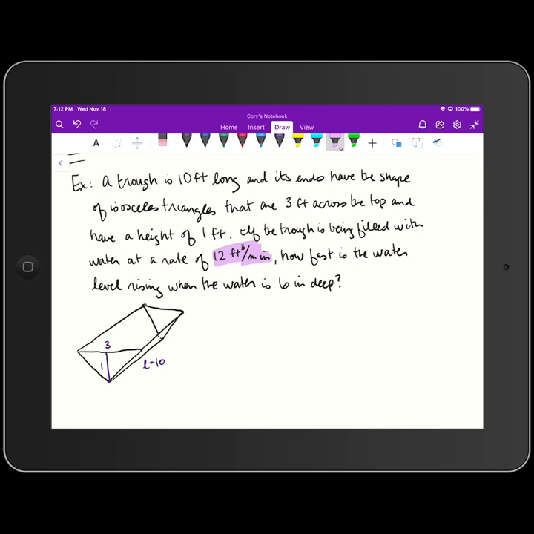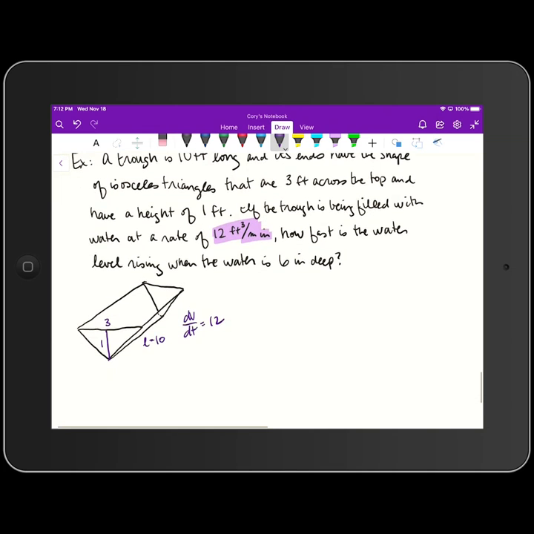So that tells us dV/dt is equal to 12, and if water is being filled, then the volume is getting bigger, thereby making that rate positive. Then, how fast is the water level rising? That is asking us to solve for dH/dt in the question when the water is 6 inches deep.